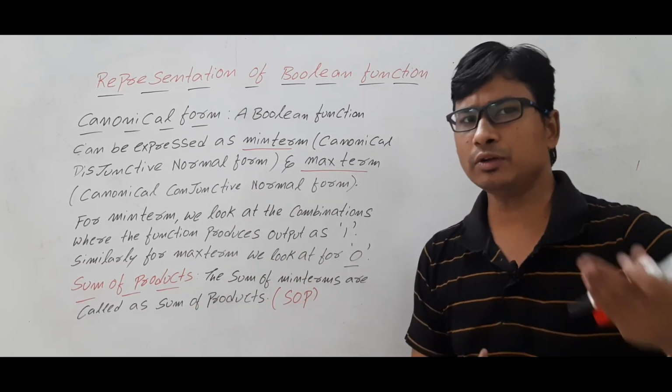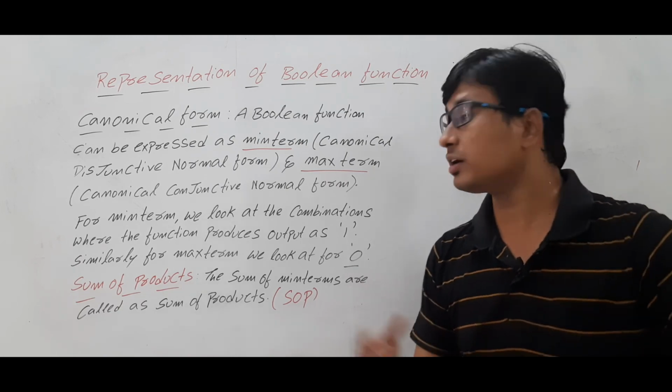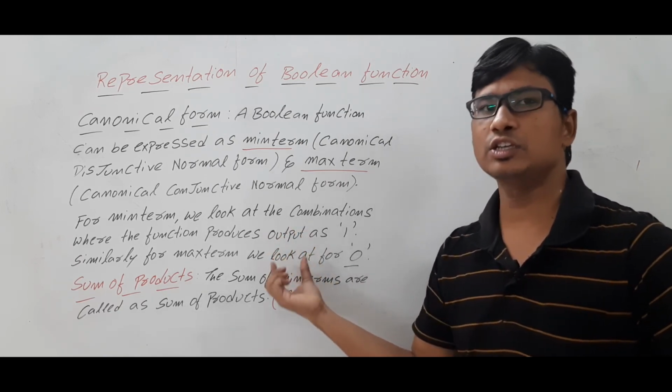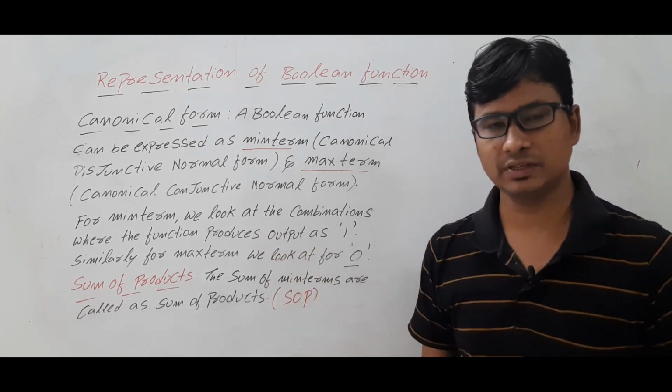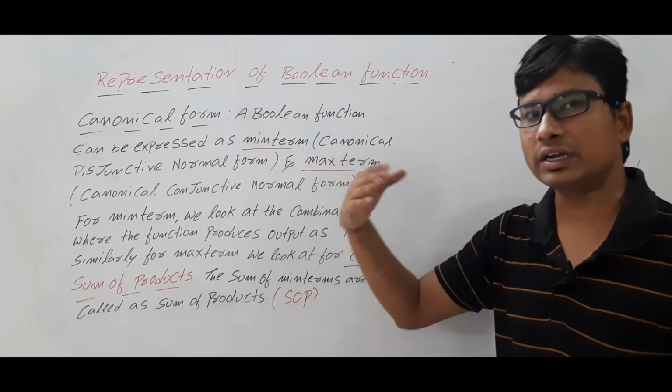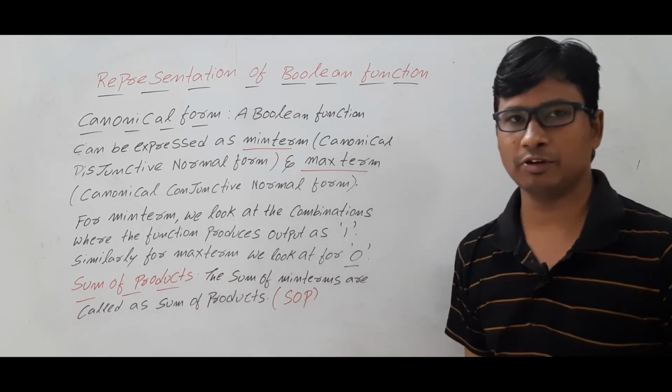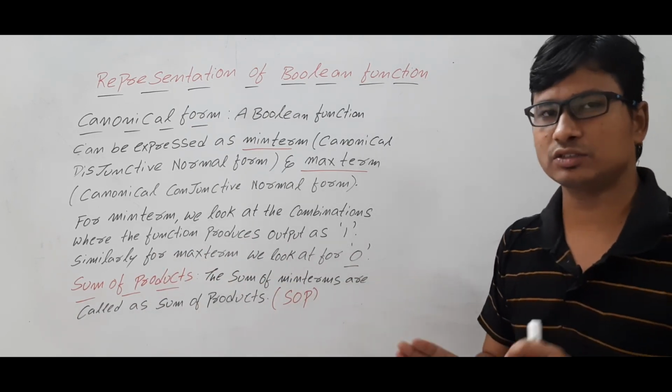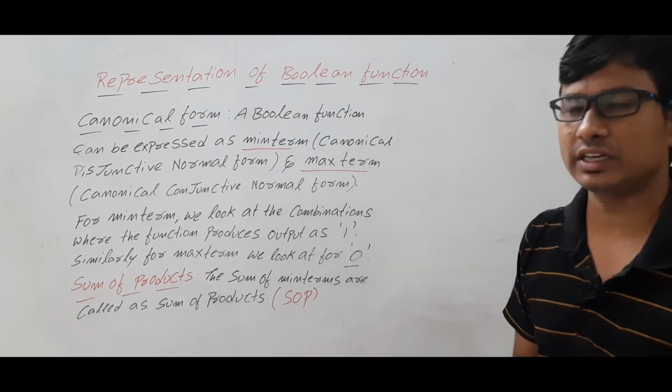And the product of max terms is called product of sums. I hope you have understood what a canonical form, a min term, and a sum of products are. If you do not understand, don't worry, I will discuss with an example.